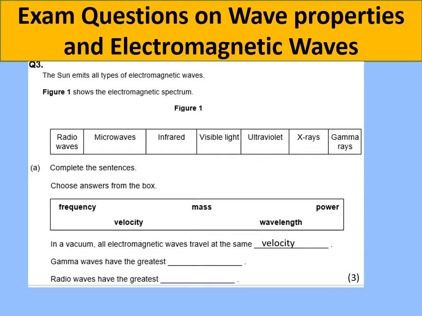Then we've got to complete the sentences. In a vacuum, all electromagnetic waves travel at the same velocity. That remains unchanged. Gamma waves have the greatest, as I've just said, they have the greatest or the highest frequency, and radio waves have the greatest wavelength, and so we put the wavelength there.